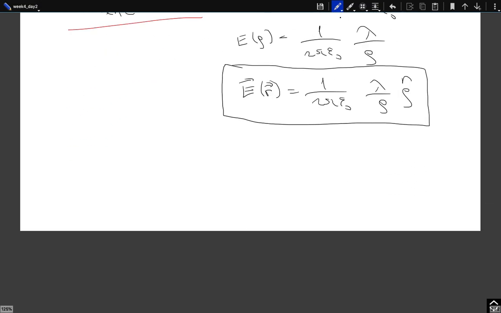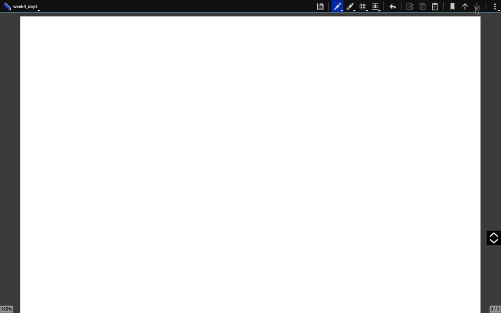Well, let's see. If my wire is not infinite, or let's say we also solve the problem of a ring, which had a total charge Q. Can we use Gauss' law to solve this problem?